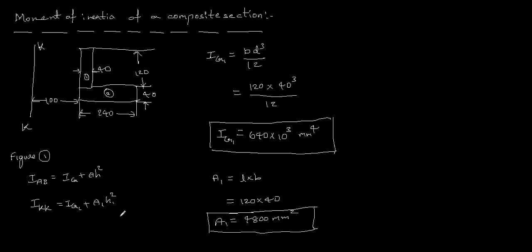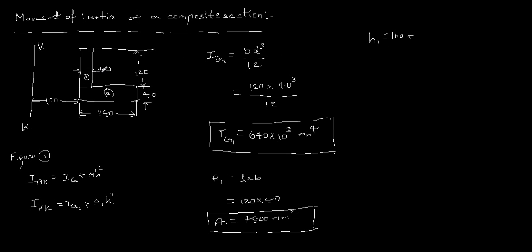So the next value we need to find out is the perpendicular distance between this axis and the center of gravity of the first figure, which is h1 we have considered. Up to this edge of the L shape, which is the composite section, the distance is 100. So 100 plus the distance from this edge to the center of gravity of the first figure, which will be half of the width only.